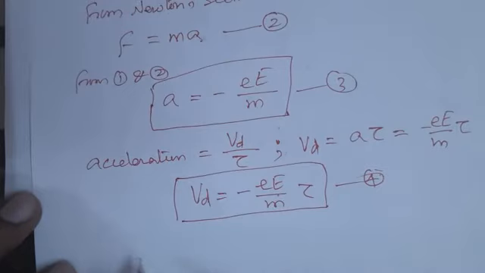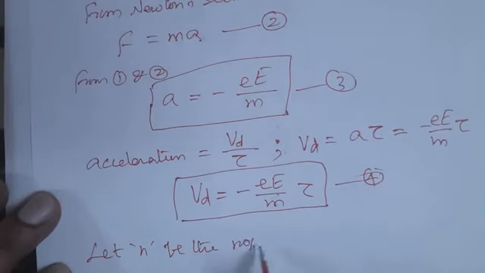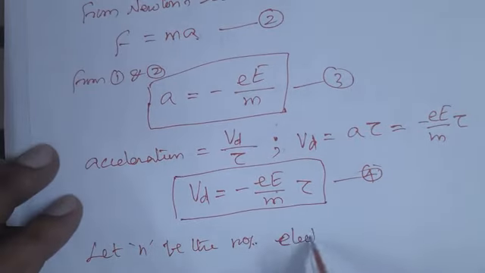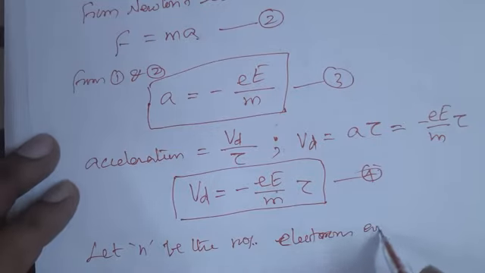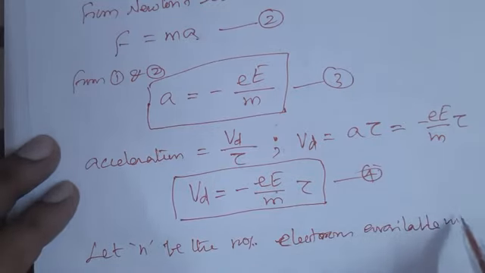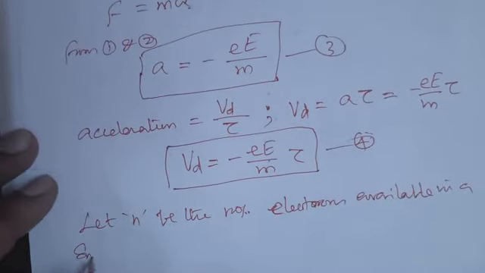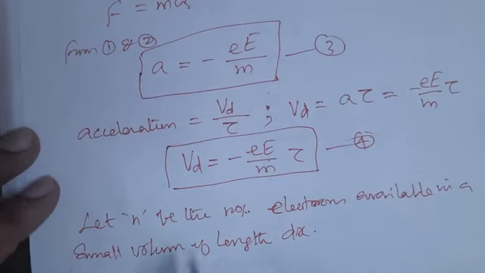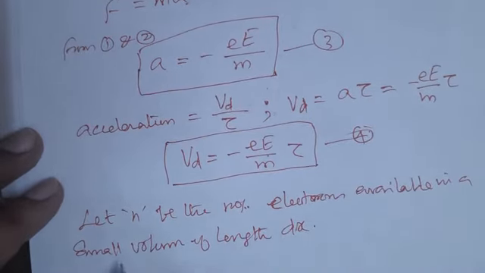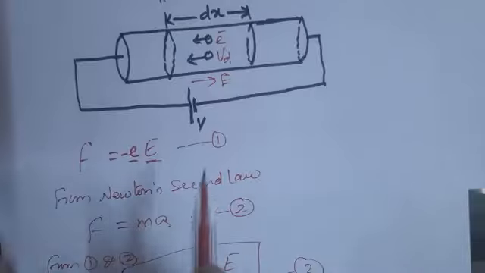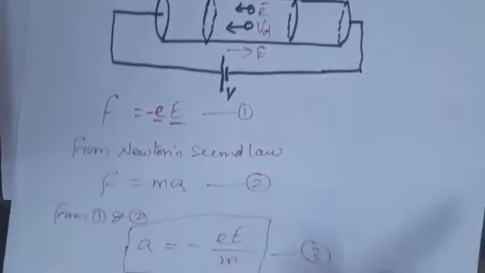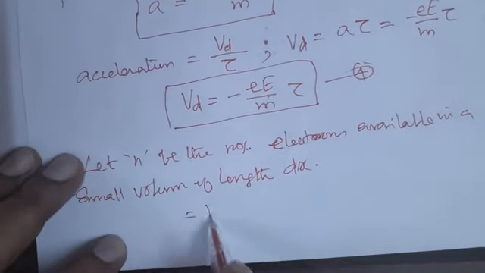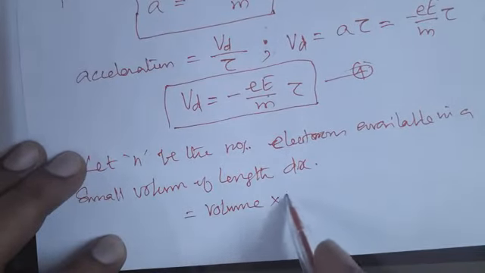Now let n be the number of electrons available in a small volume of length dx. Please refer to the diagram. The number of electrons is the volume of the element into n.